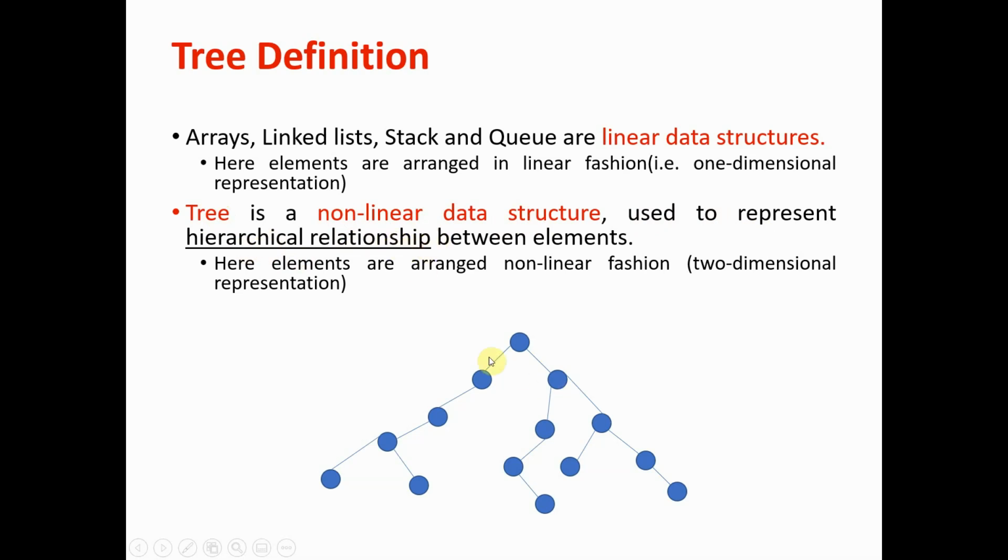So we have different hierarchies, which we call levels, and elements are arranged in a non-linear fashion. So we basically have two dimensions, a two-dimensional representation. It's not a linear data structure.